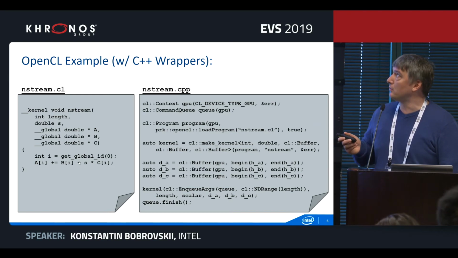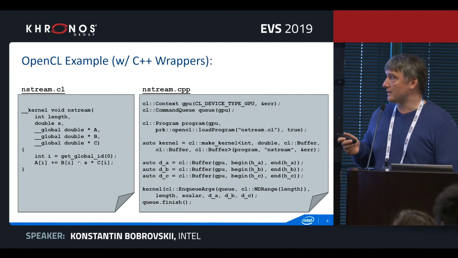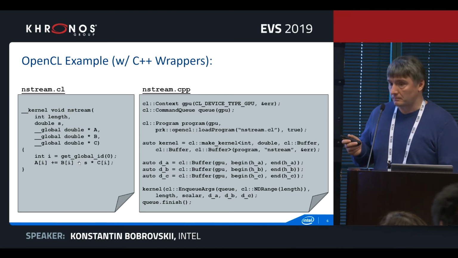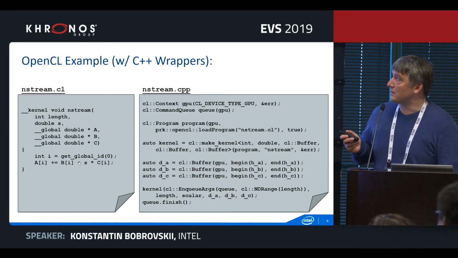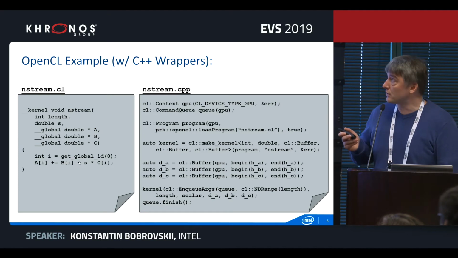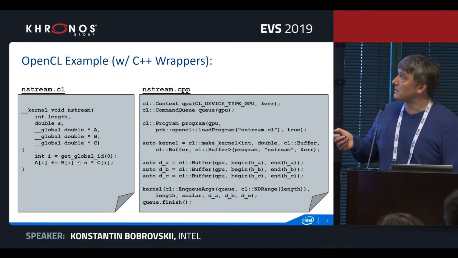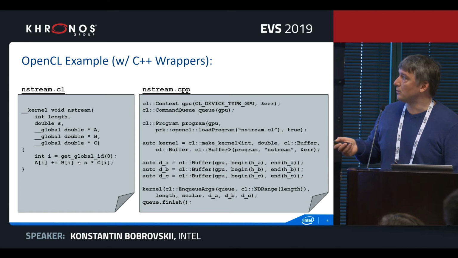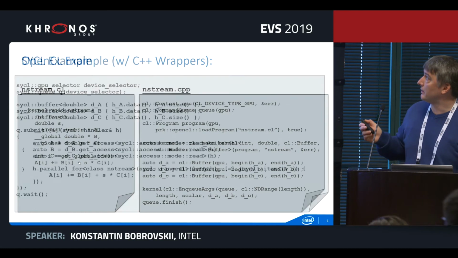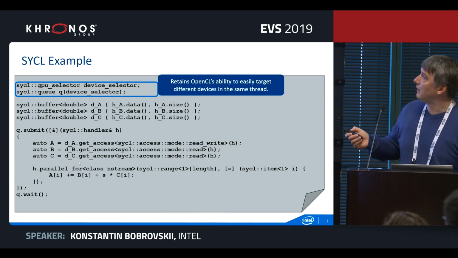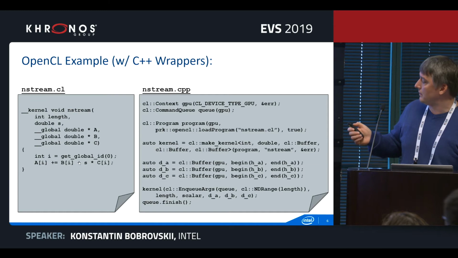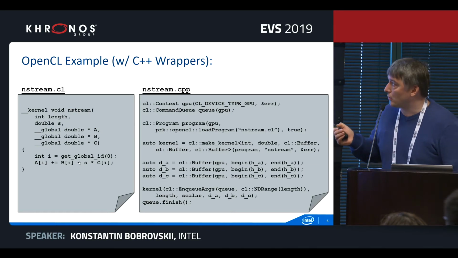So just a small illustration. That's how you would write a small program which adds two arrays in OpenCL using C++ for the host code. So it looks pretty neat, but anyway, you have to have two different sources. This is the CL kernel code, which does the job, and here is the necessary host part.